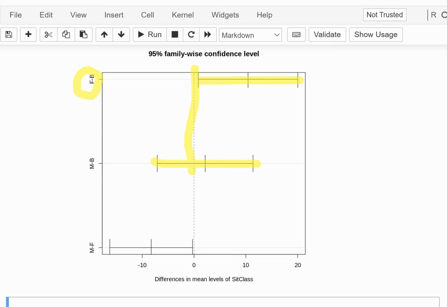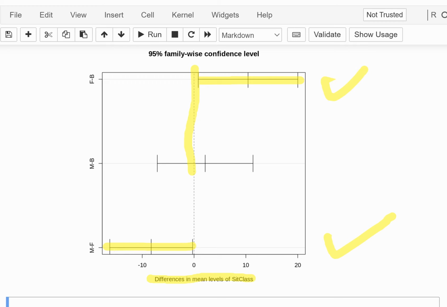Now, this interval, you're like, well, the mean could be kind of anywhere in here. Yeah, different places, but it's got to be in this interval, but 0 is in the interval. So we're like, that one is not a significant difference, right? But notice it's barely above, but it is below 0. Both the lower and the upper part of that interval are below 0, so that one's significant. So I see the significance on the bottom, the significance on the top. Okay, and notice it even gives us a nice title, Differences in Mean Levels of SIT Class.